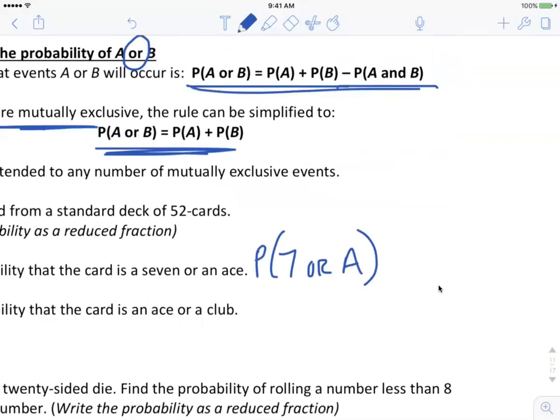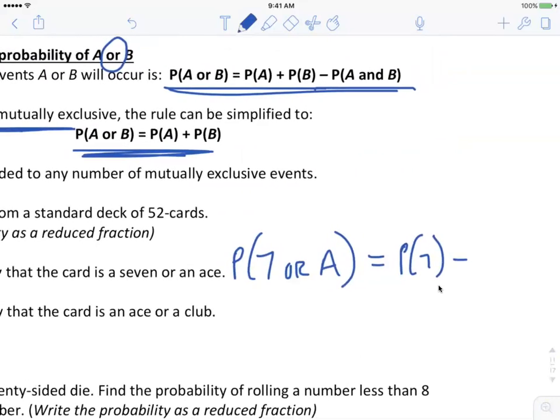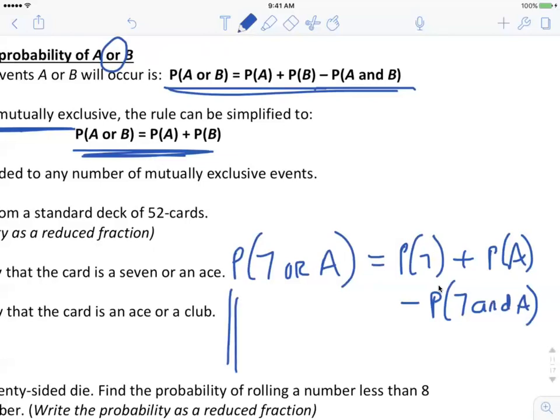And I'm not even going to worry about mutually exclusive or whatever. So I got to find the probability of getting a 7, plus the probability of getting an ace. But then I have to subtract the probability of 7 and ace, right?